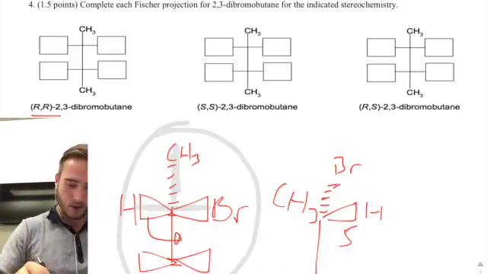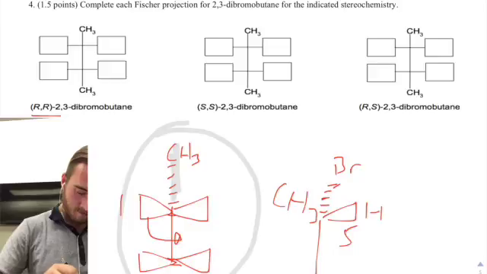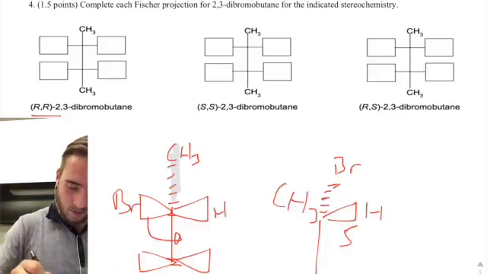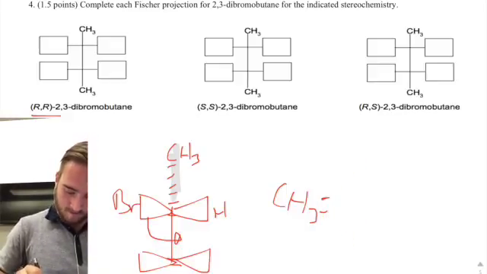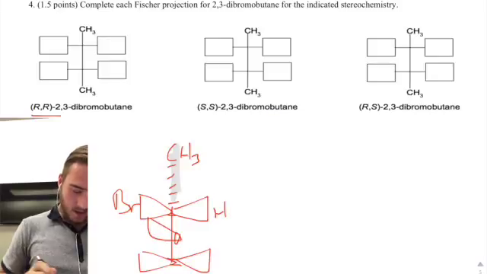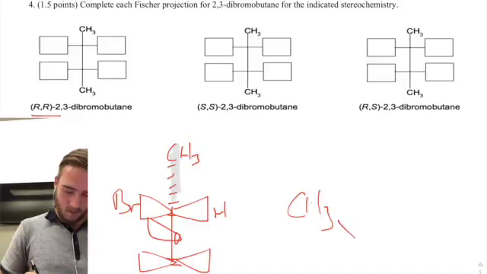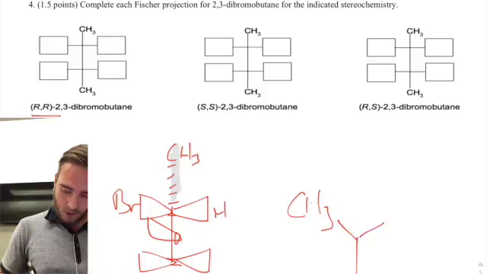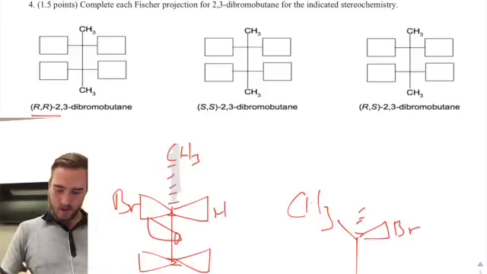So if we retry our drawing and put our bromine right here and our H right there, we get rid of this, and we took the molecule again and rotated it outwards, we would see that we have our CH3 and then the rest of our molecule, and then we have our bromine and our H going to the back.